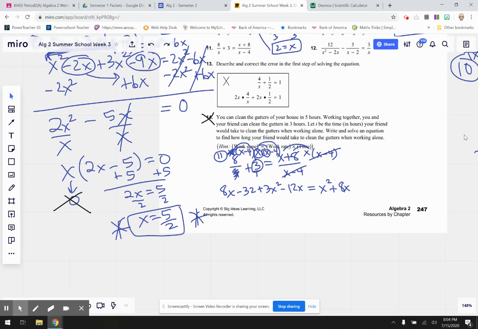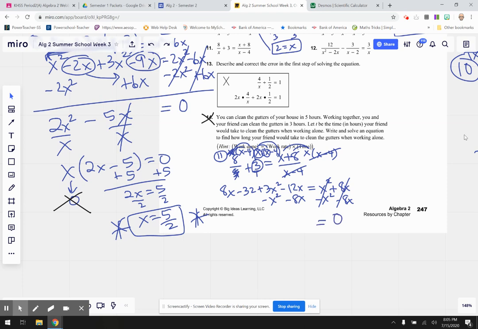We have a quadratic again because there's an x squared in it, so we're going to have to get it equal to 0. So I'm going to subtract my x squared to keep x squared positive, and I'm going to subtract 8x. So I have 0 on the right. What I got to figure out is what's on the left side here.